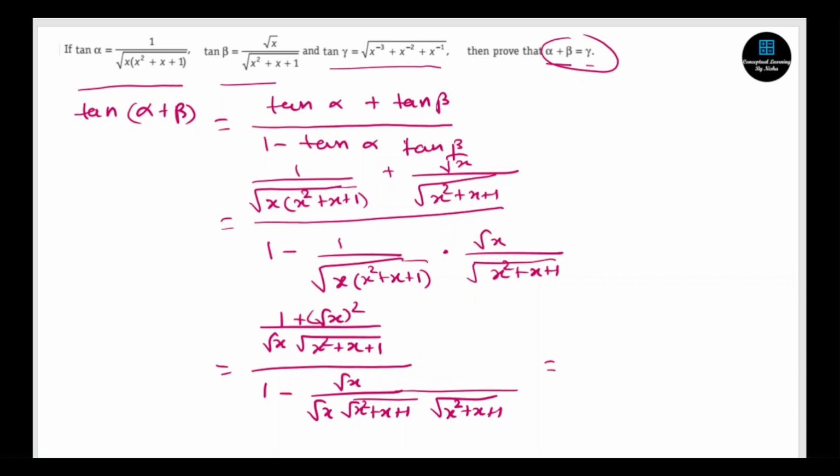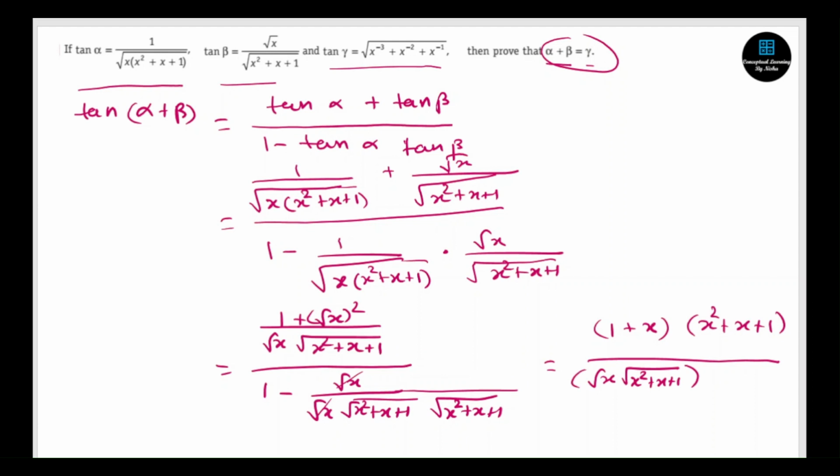Okay. Now in the numerator, what do we get? 1 plus x. Then here root x will get cancelled out. This is x square plus x plus 1. So I am writing this as x square plus x plus 1 whole upon this square root of x into square root of x square plus x plus 1.